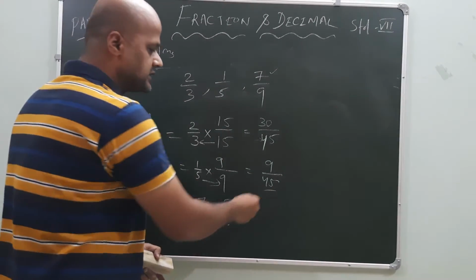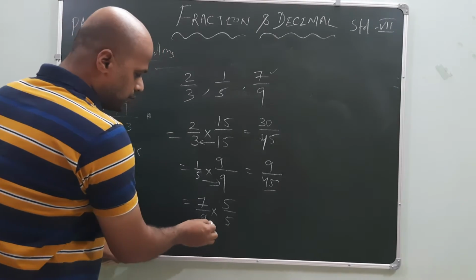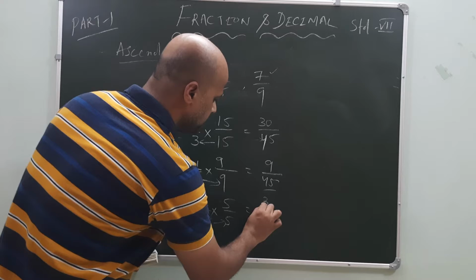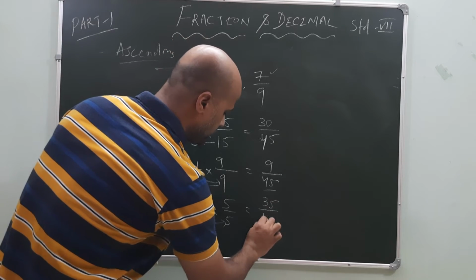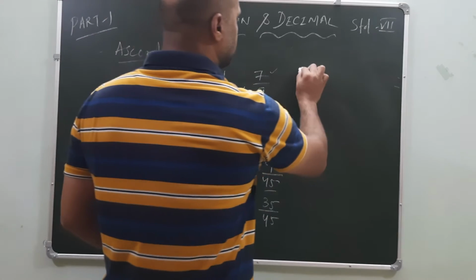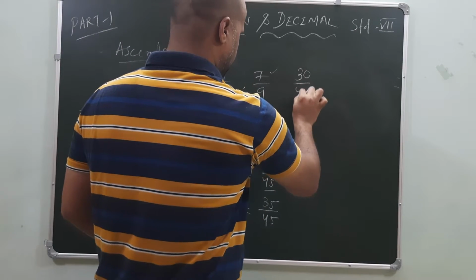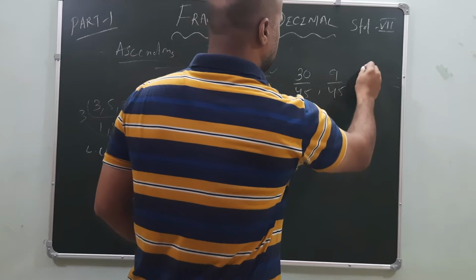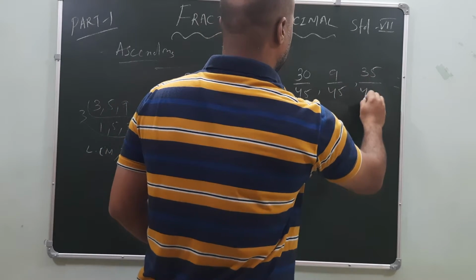But we have to make the LCM 45, na? So with the denominator, we have to multiply 5. So how much is it? 35 by 45. Now remember, the three answers are coming: 30 by 45, 9 by 45, and 35 by 45.